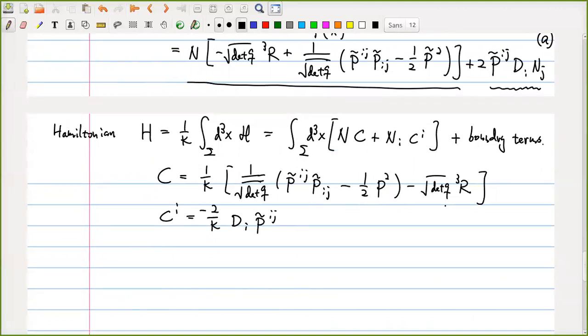But I didn't put a twiddle. It's just a convention. Sometimes one can put a twiddle on, but I just want to make the formulas very clean, and also in most literature, people don't put a twiddle on C and C_i. But you should keep in mind that both of them are actually densities. Here you can quickly see that it depends on the square root of determinant Q, so it's a density. Let me put a label: this formula I would call B.